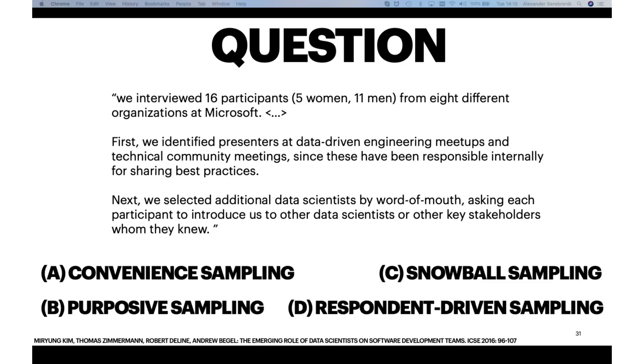So essentially, this means there was a purpose why those people have been selected. Next, the authors have selected additional data scientists by word of mouth. So the word of mouth is essentially an indication that there is some kind of referral process. So it is not surprising that most of you believe that this is a snowball sampling or a respondent-driven sampling.